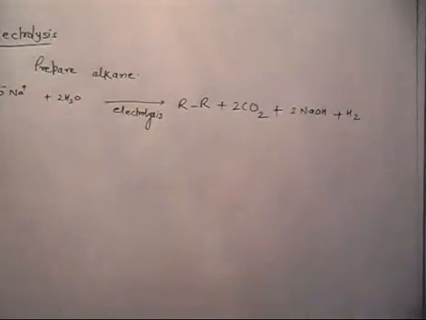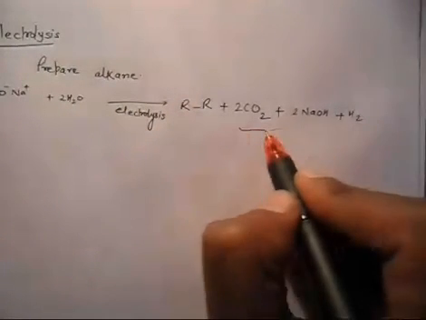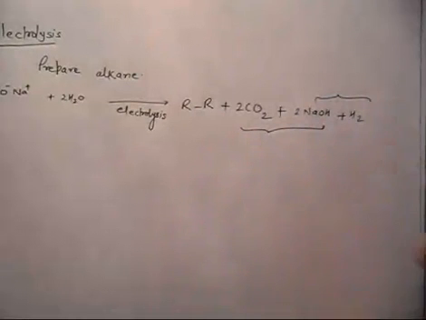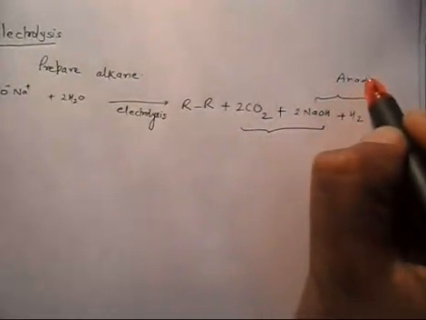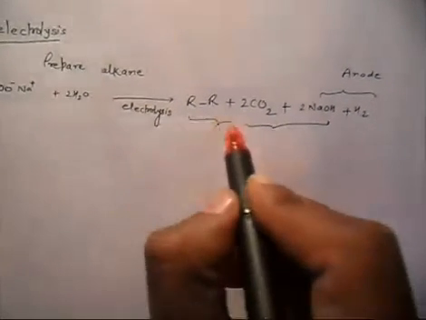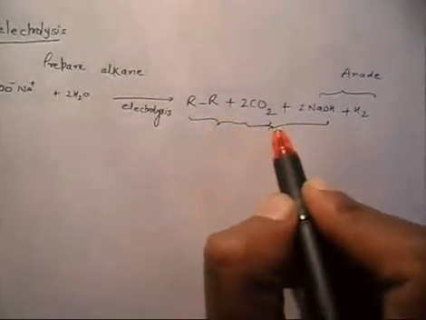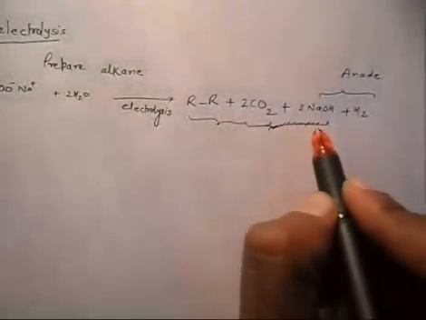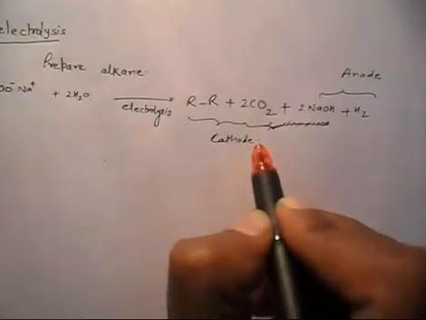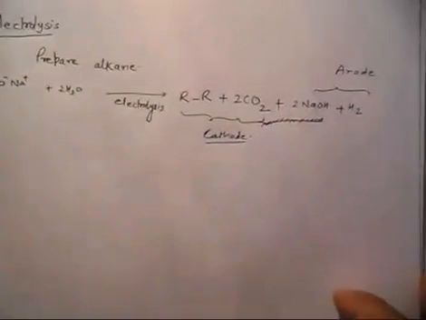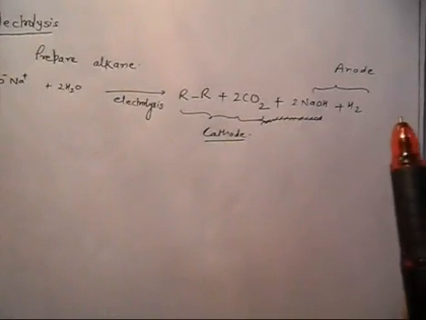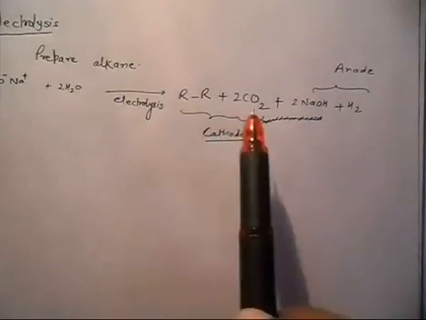So this is the general reaction. NaOH plus H2 form at the cathode, and R-R plus CO2 form at the anode. So the important point is at the cathode NaOH and H2, and at the anode R-R and CO2.